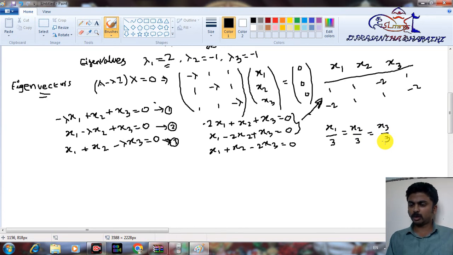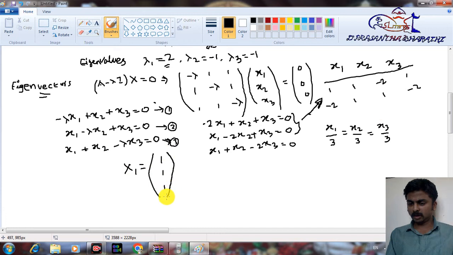Since 3 is common for all the variables x1, x2, x3, we can simply write the eigenvector x1. For x1 we are writing 1, 1 and 1 because we have taken 3 as the common factor for x1, x2 and x3.